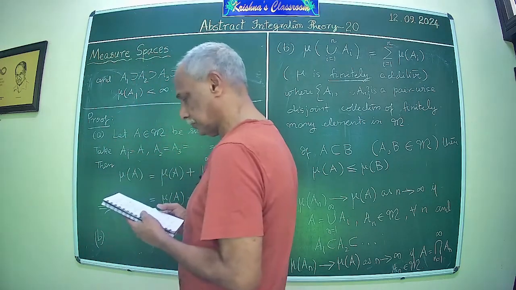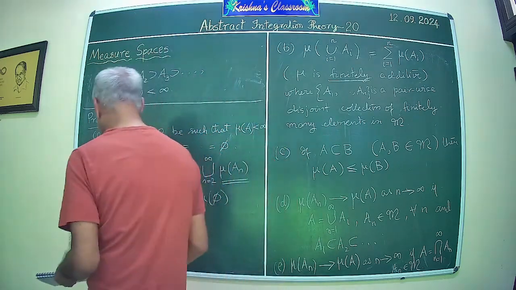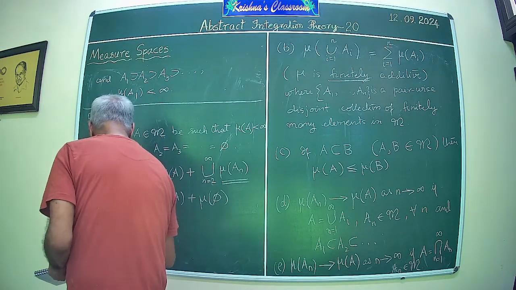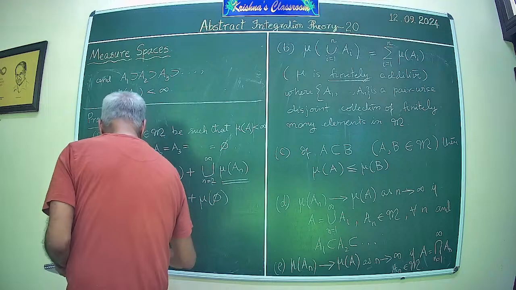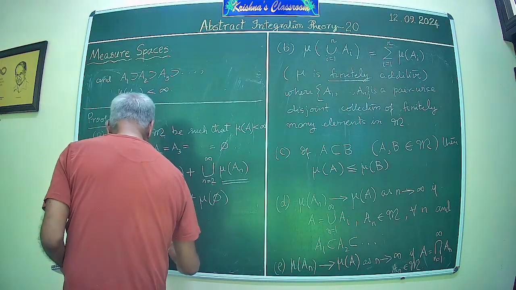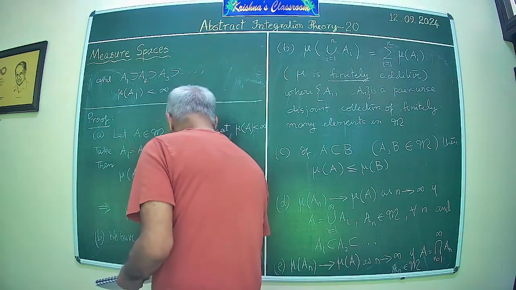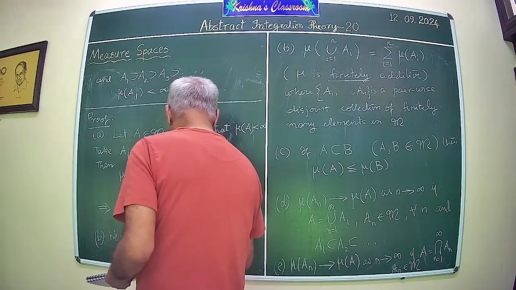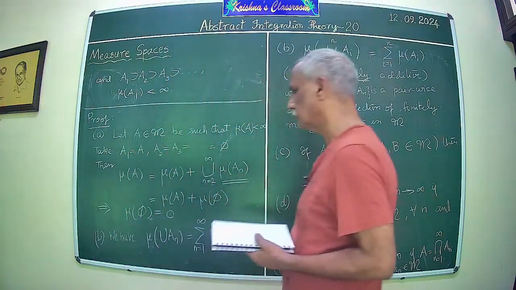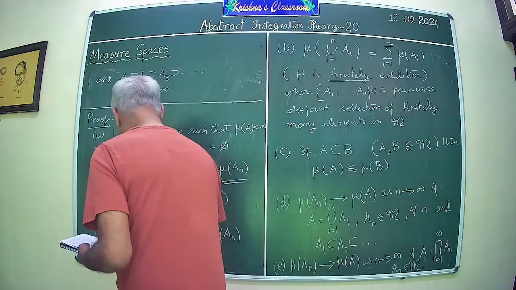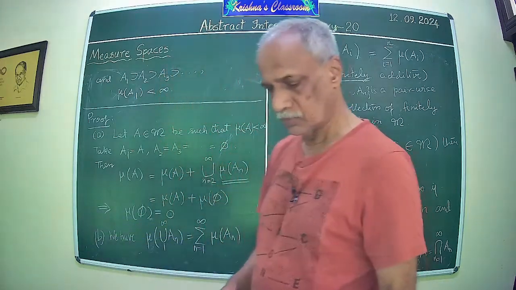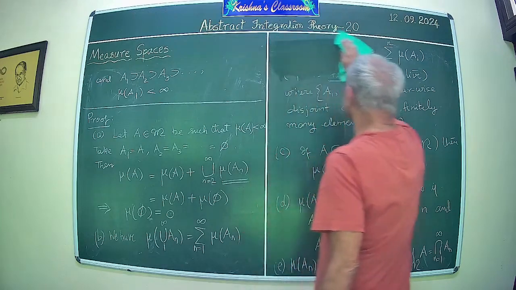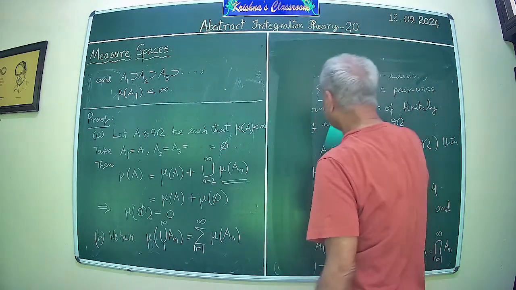Now part two. In this case, we look at this relation. Now this is a disjoint collection.